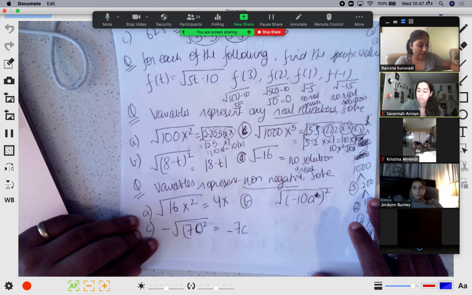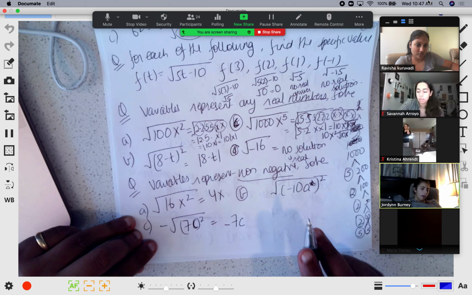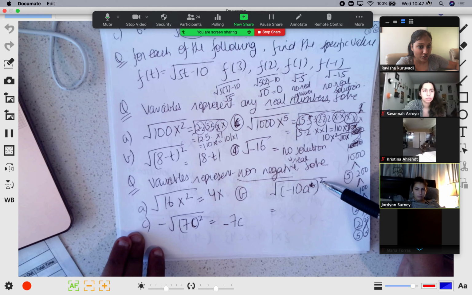Jordan, can you tell me for this one? I got 5A. I was actually a little confused about this one, to be honest. See, square and square root are opposite of each other, like addition and subtraction are opposite.